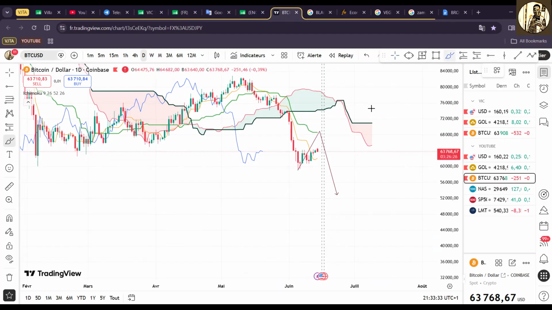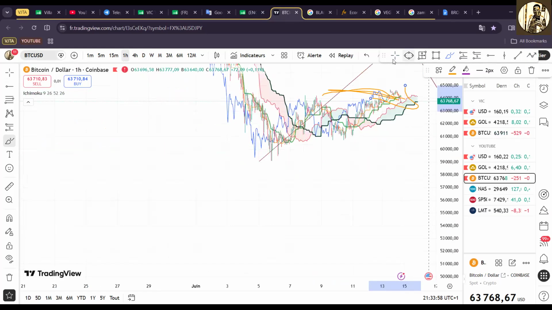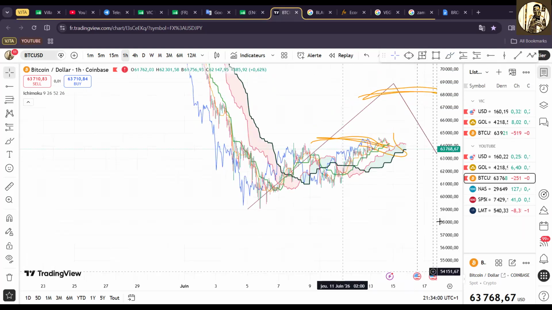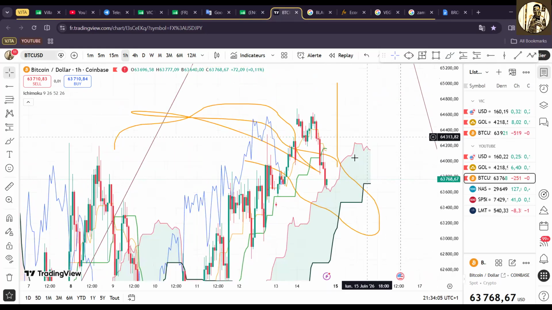But it will only happen if in 1 hour, Tenkan 1 hour turns above Kijun daily, like this, to the downside. But if Tenkan 1 hour turns just here at this level and goes below TS2 like it is doing now, there are higher chances that this price will move to the downside.